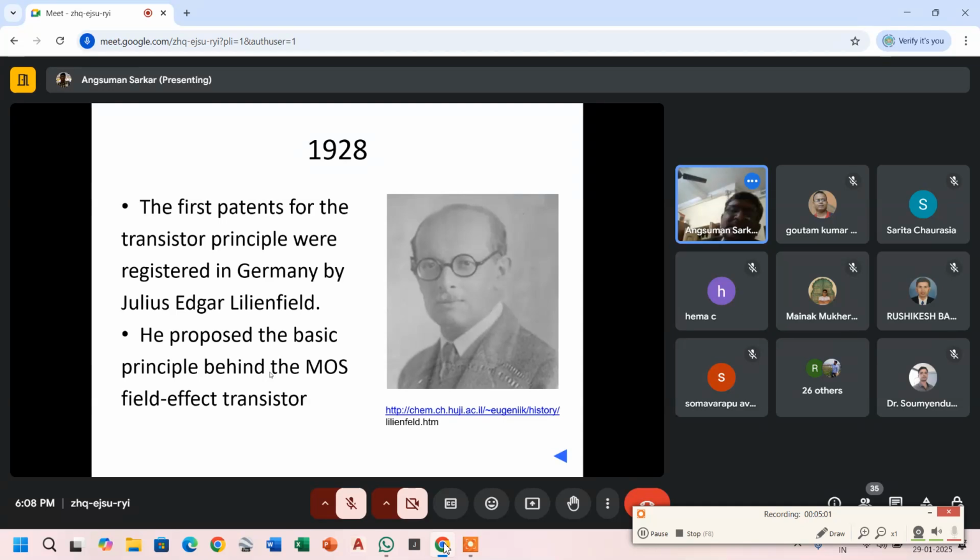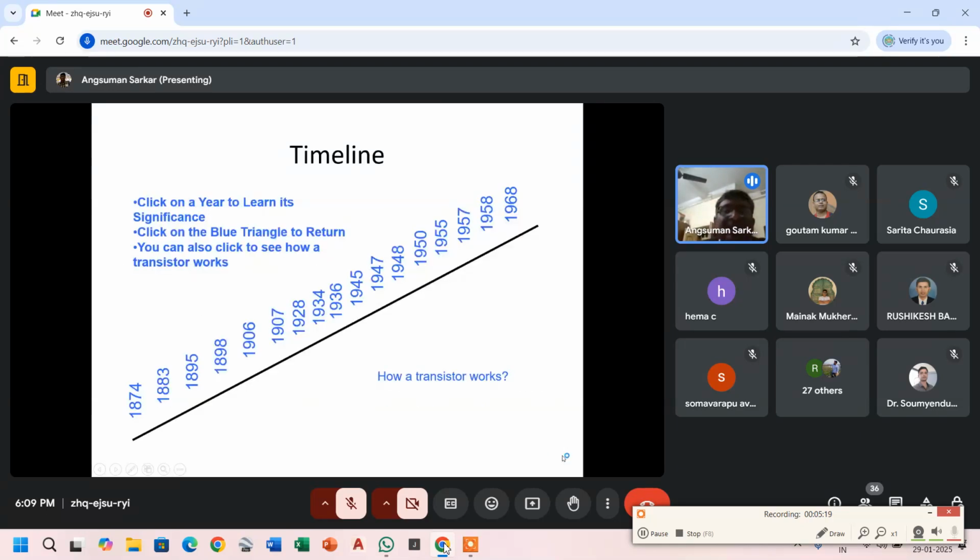In the 1970s, these things would actually be fabricated, but before that fabrication, the idea was initially given by Lilienfeld in 1928. He proposed the basic principle behind the MOSFET, and he filed a patent. So Lilienfeld first proposed the idea of the MOSFET.